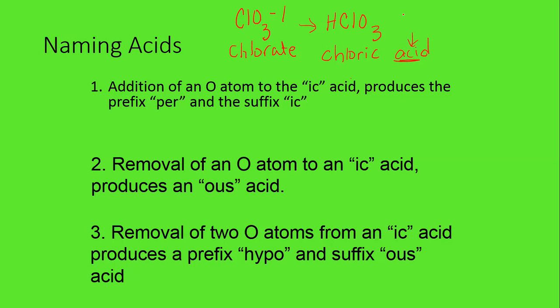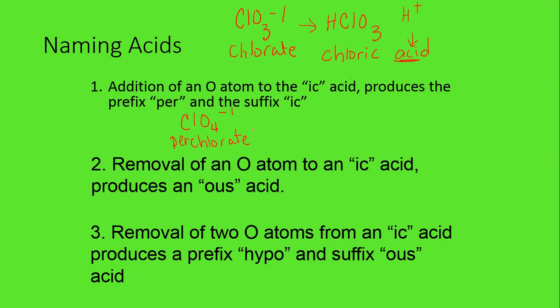What makes it an acid is that hydrogen. But now this tells us that the addition of an oxygen to that acid will produce the prefix per and the suffix ic. So let's think about that for a minute, because if this is chlorate, we could also have perchlorate, right, which is ClO4 negative.